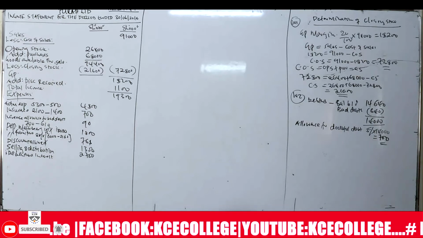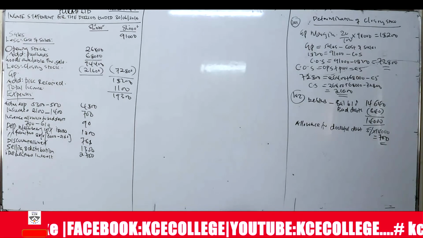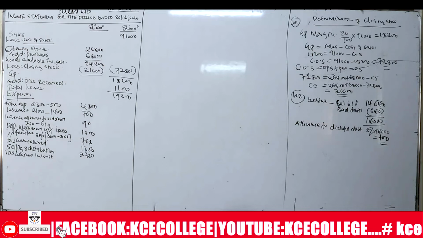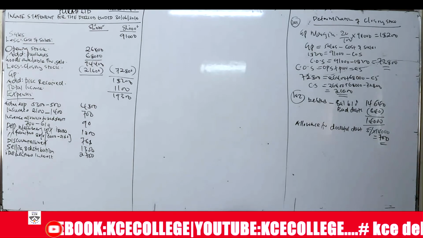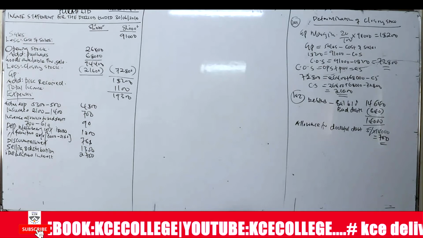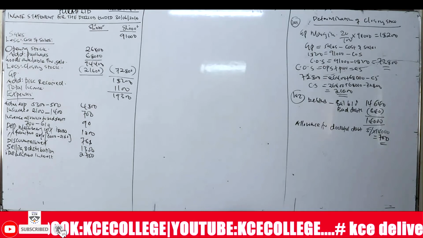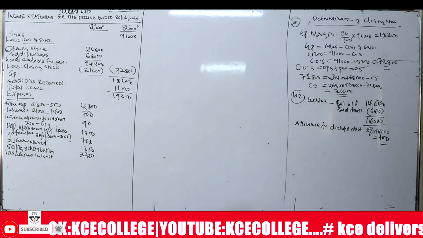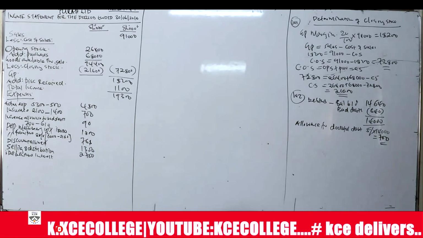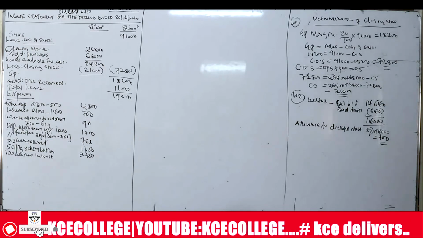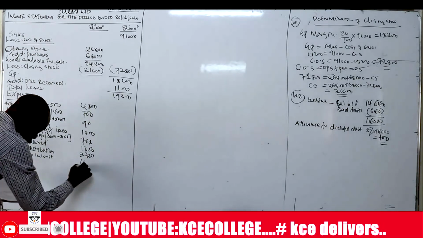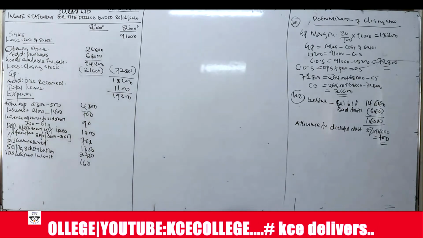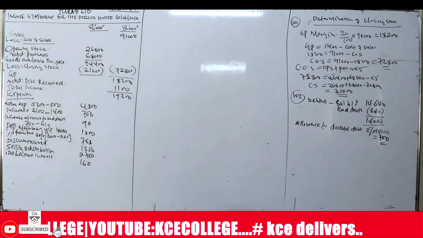So 8% of 2,000 is how much? 160, isn't it? Anyway they have indicated debenture interest in the trial balance. Is it so? So it means the entire amount is accruing. The entire amount is not yet paid. Tunaelewana?